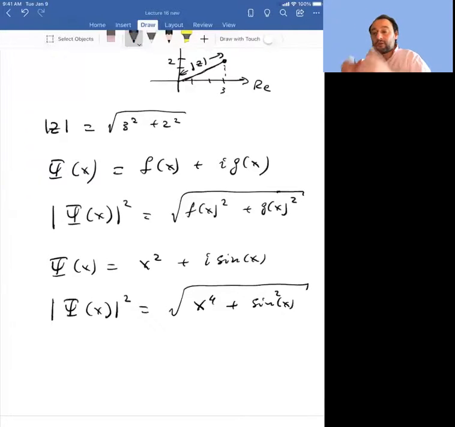I just wanted to give you some concreteness, because in the next section I'm going to say things like this. This is just an example, okay? Not all psi's are given by x squared plus i sine of x. I'm just trying to say that when you hear this word combination, square of the amplitude of the complex valued function, you will at least know what I'm talking about.